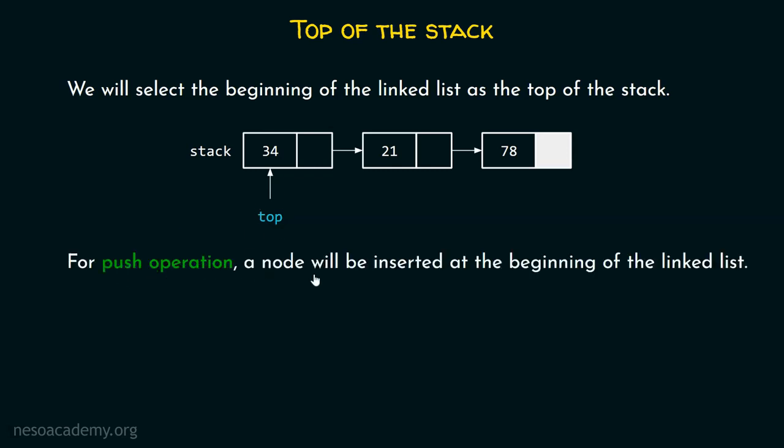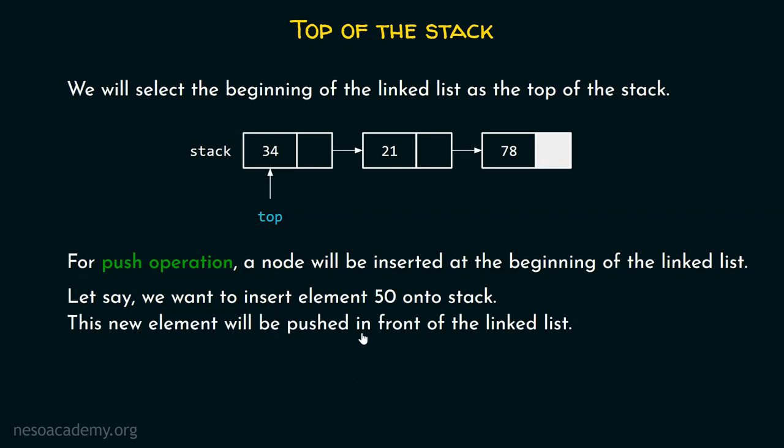For push operation, a node will be inserted at the beginning of the linked list, because we have selected the beginning of the linked list, or the first node of the linked list, as the top of the stack. Let's say we want to insert element 50 onto stack. Let's say we are interested in pushing this element onto stack. This new element will be pushed in front of the linked list, right?